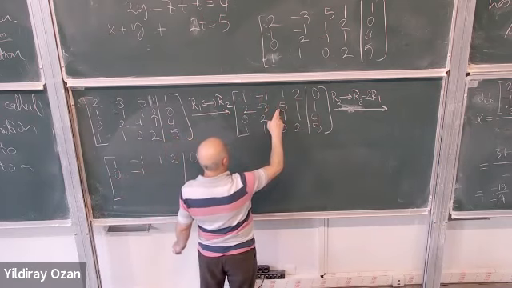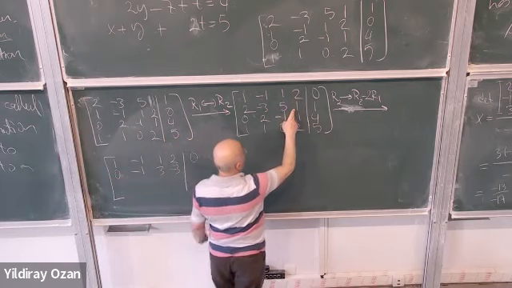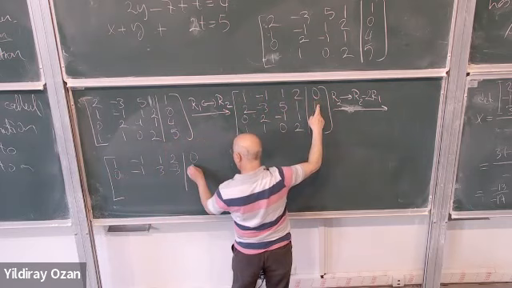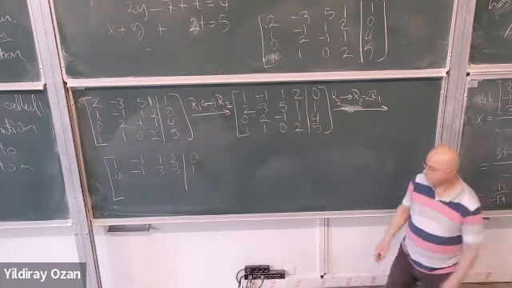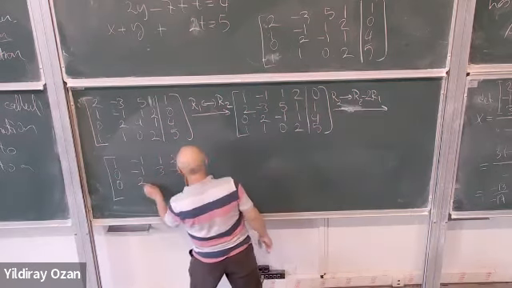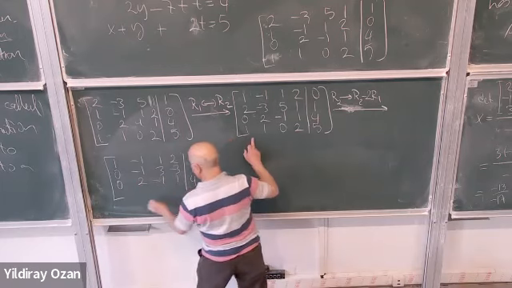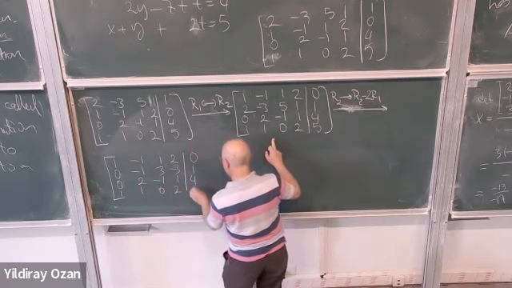Multiply with minus 2 and add, minus 3. Multiply with minus 2 and add to this one, well, still 1. One more. And then I have the second row, third row, and then 1, 1, 0, 2, 5.